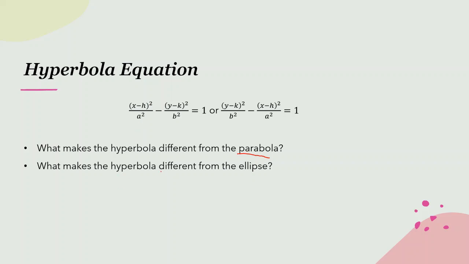And what makes the hyperbola different from the ellipse is that though their equations look the same, you have to note that in ellipse, this is addition, but in hyperbola, this is subtraction. So hyperbola is subtraction, ellipse is addition.